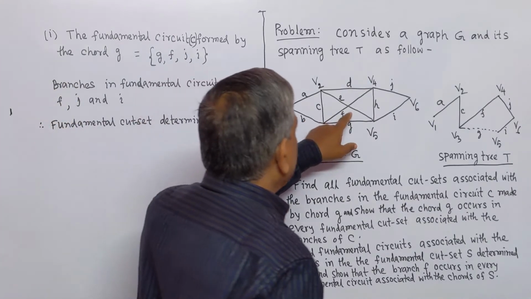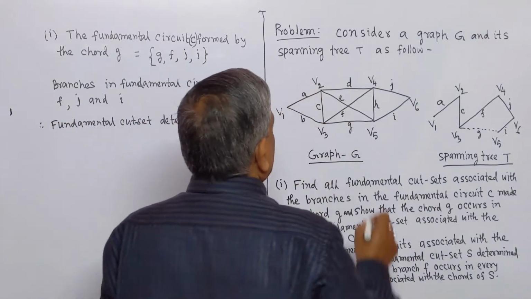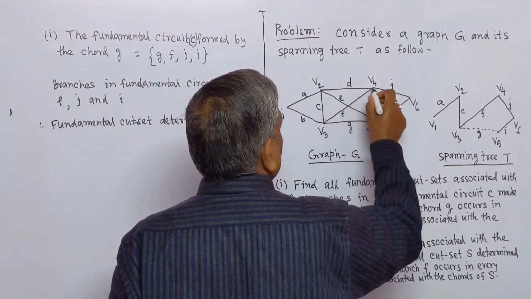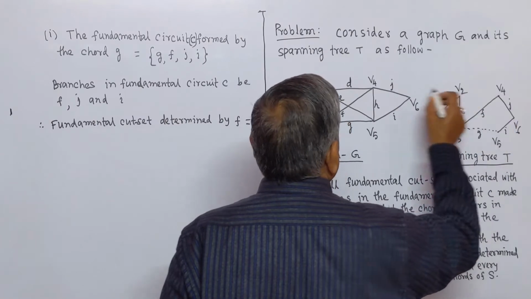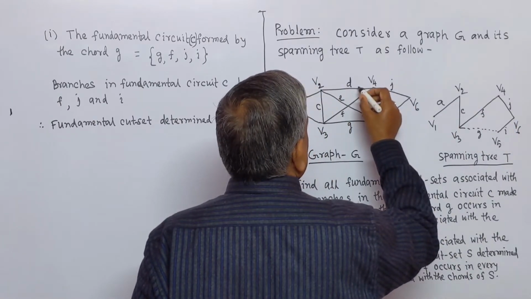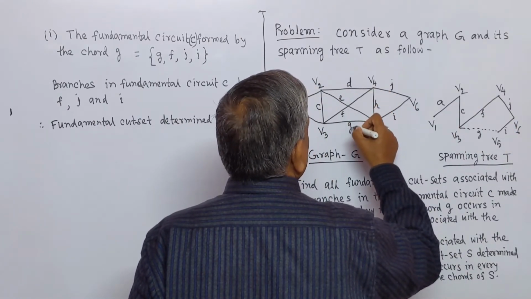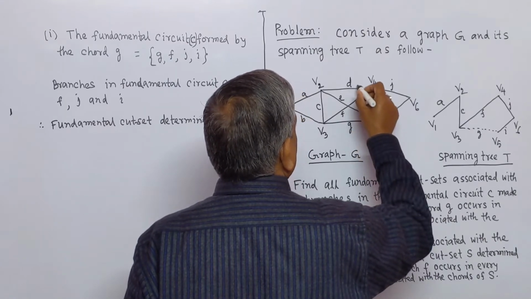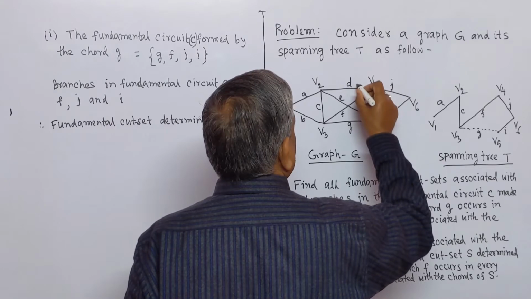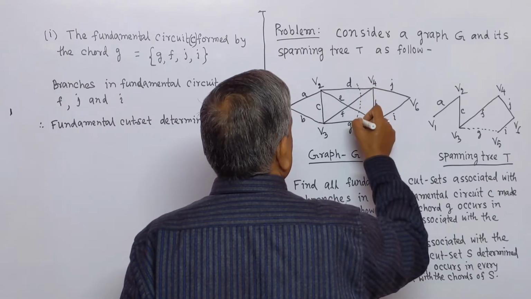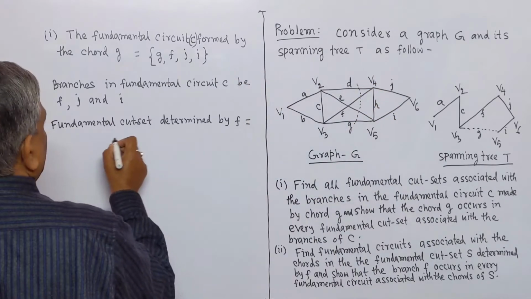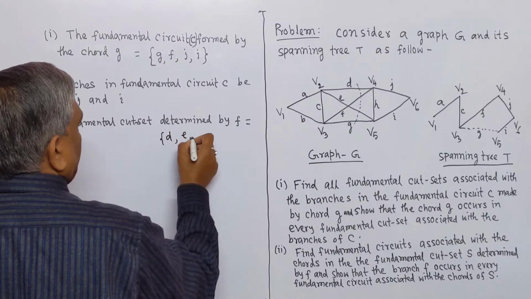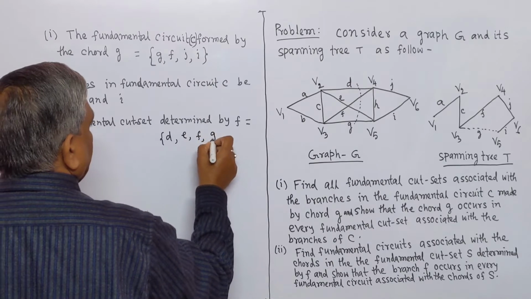Here is F. Here we get F be the branch, but D, E and G are not branches. So we may take fundamental cut set like this: D, E, F, G.